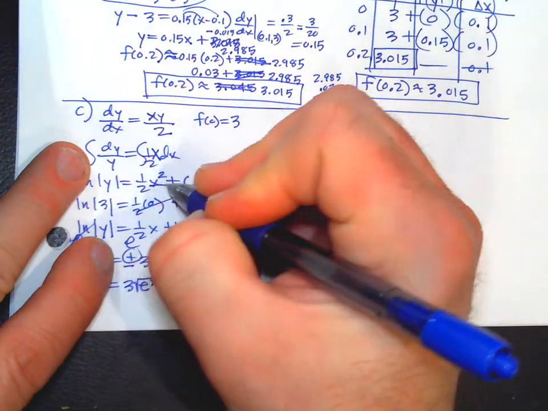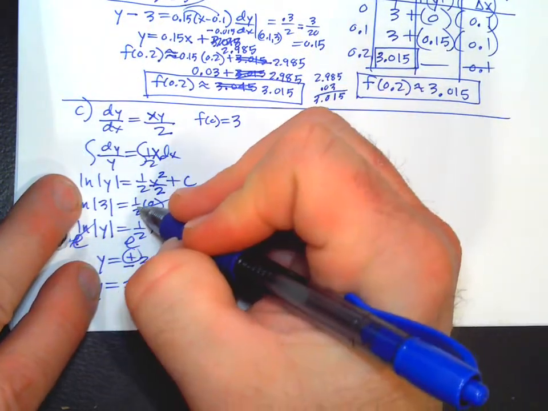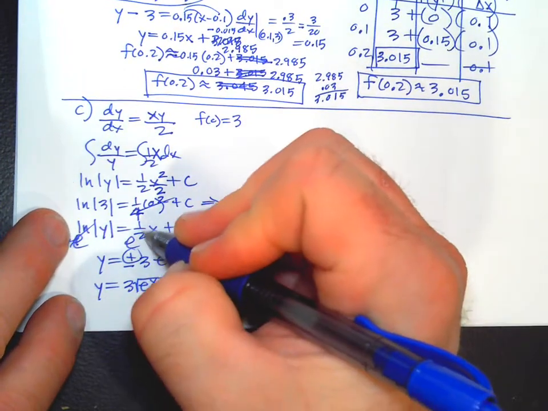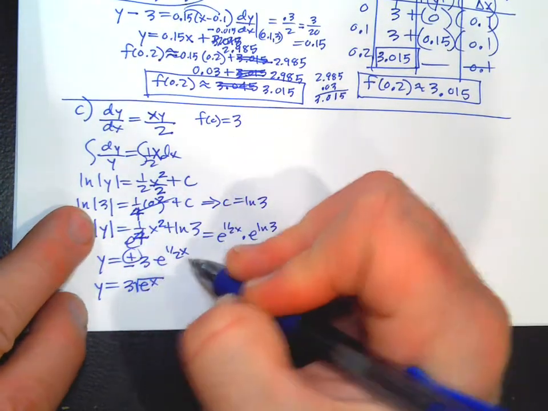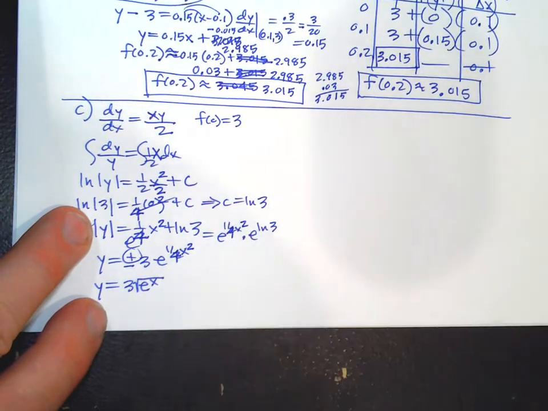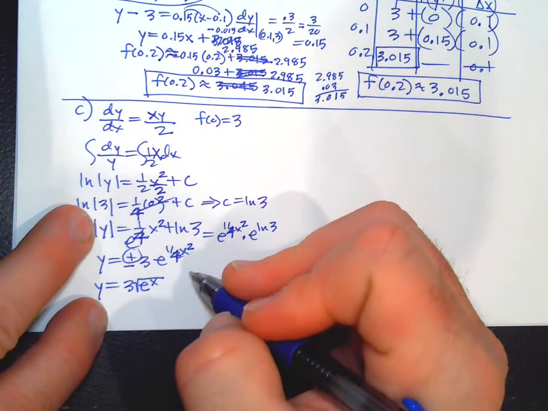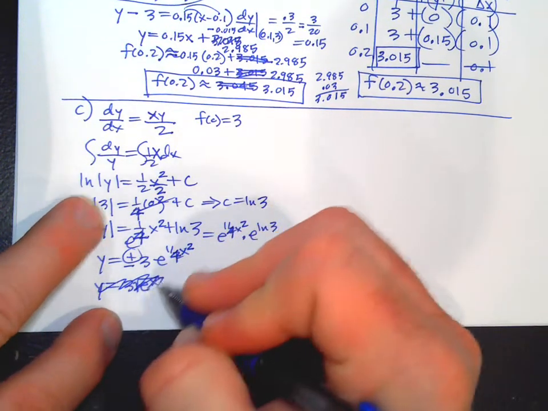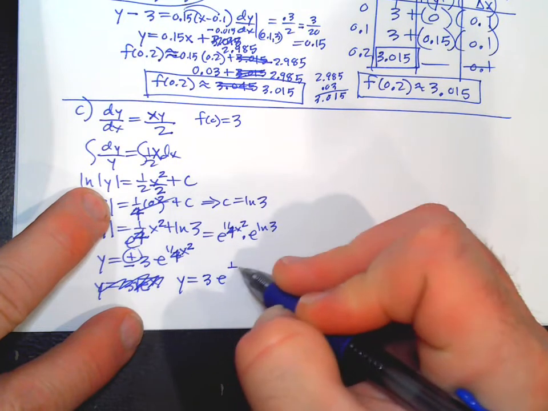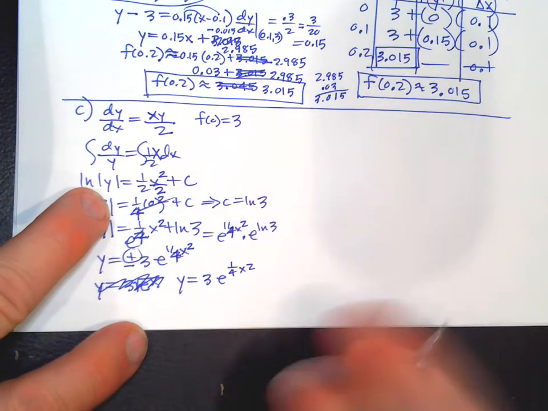X squared over 2, 1/4, 0 squared. That still comes out the same, but that should be 1/4 x squared. So y equals 3e to the 1/4 x squared.